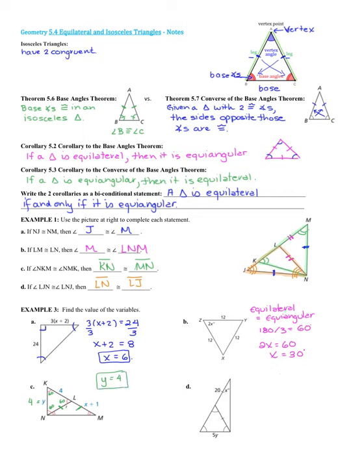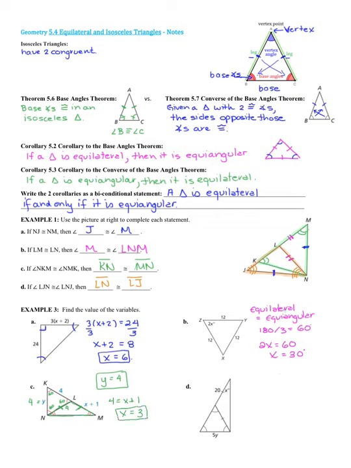And I know I can mark this side 4 because all 3 sides of that triangle are congruent. And now I have 4 equals x plus 1 because in this triangle, those 2 sides are congruent. So x is a lovely 3.